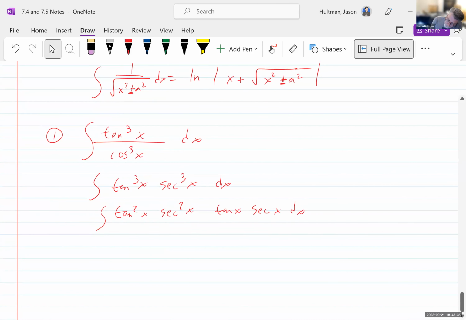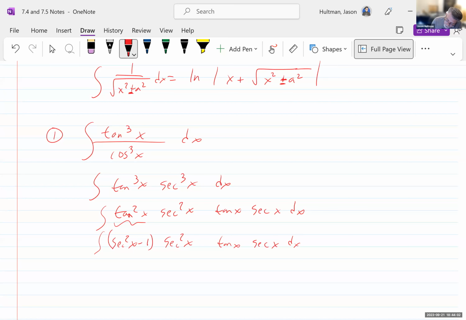And so now we want to change everything to secants. So tangent squared is going to be secant squared x minus 1 times secant squared x times tangent x secant x dx. And the reason we want to change everything to secants is because the derivative of secant is secant tangent.